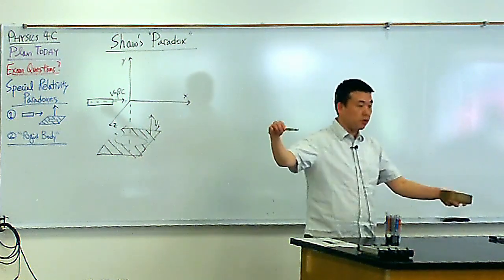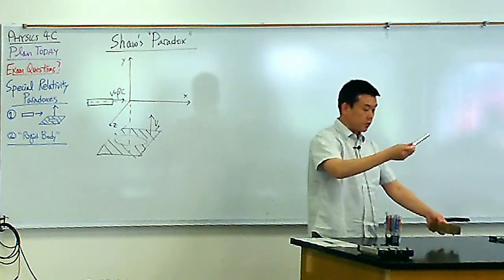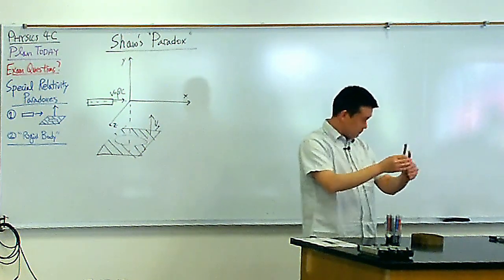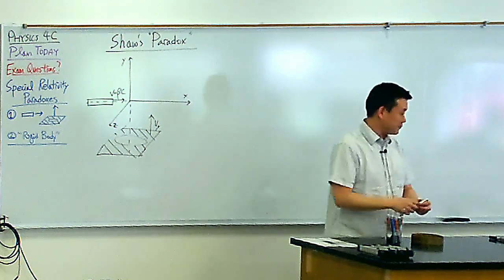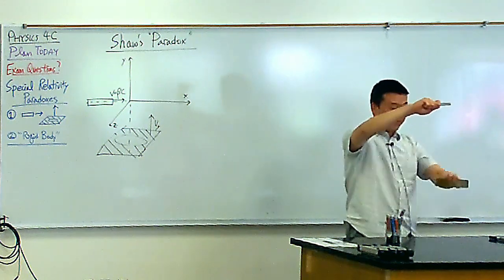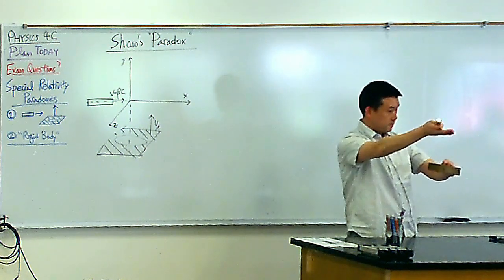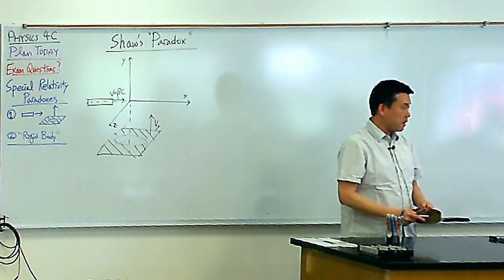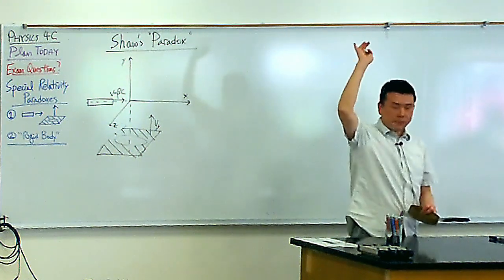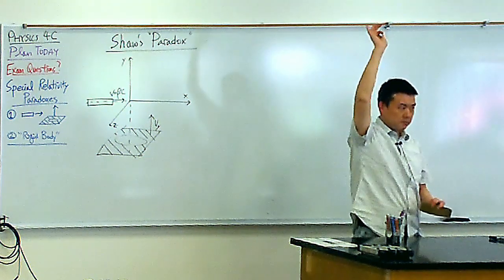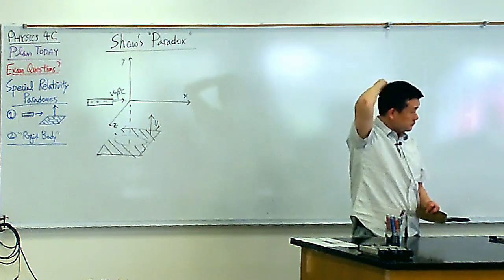Okay, you think the ruler is Lorentz contracted, so it's shorter. So now it goes through the hole even more easily. That's what you're saying, right? And for people who raised your hand for the first choice, is that what you're thinking? Yes? I was thinking a little something different. So, okay.